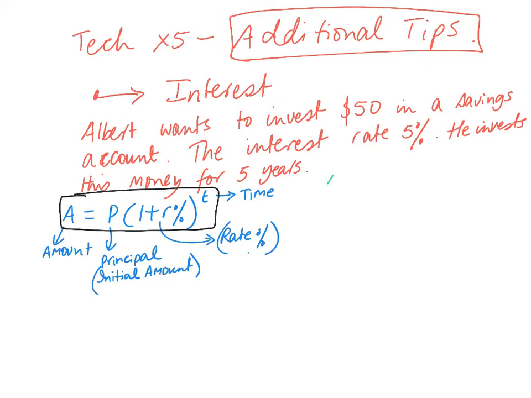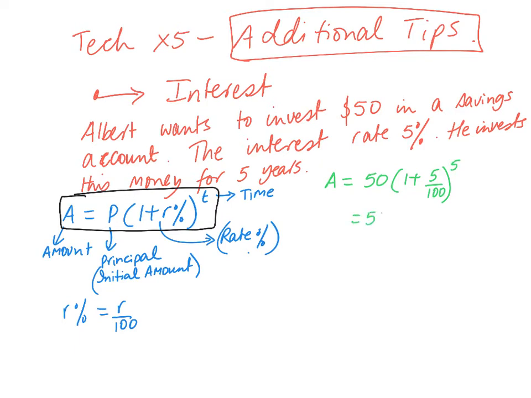So let's plug in the values. So we want A. We know P is 50, the amount he's investing. We know this is 5%, so remember R percent is equal to R divided by 100. And we know the exponent is 5.